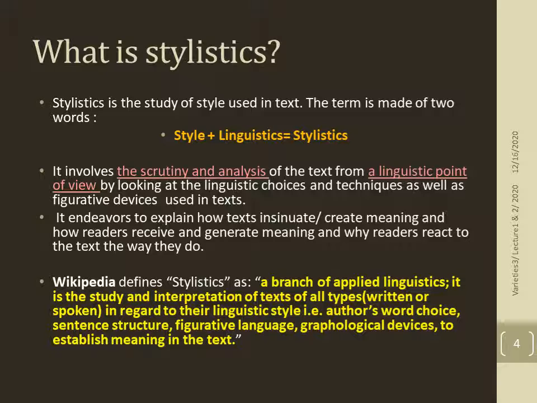So you see how objective stylistics is. We look at the text, we study its devices, what type of figures of speech the writer uses, and graphological devices like capitalization, underlining, and all these tools of writing.